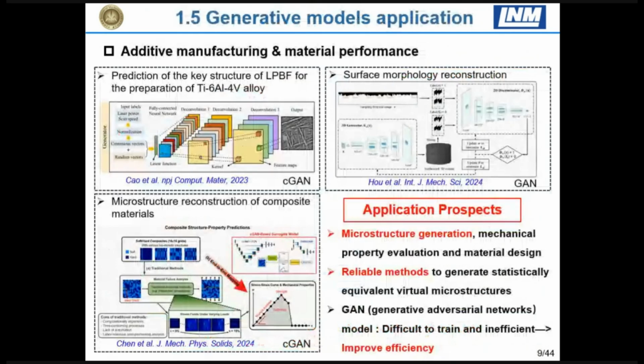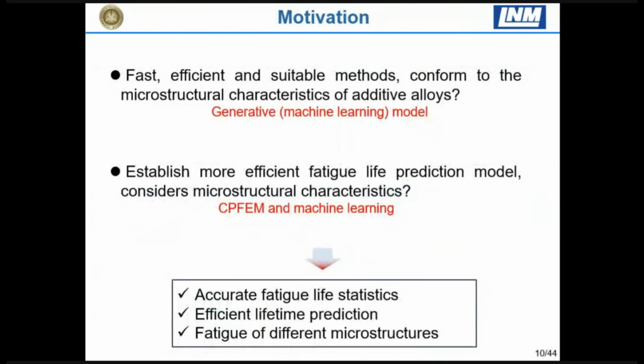Some work has already been done on digital recognition, linking the processing parameters of additive manufacturing to fatigue lifetime. But there is still no link between microstructure, crystal plasticity, and the distribution of fatigue lifetime.